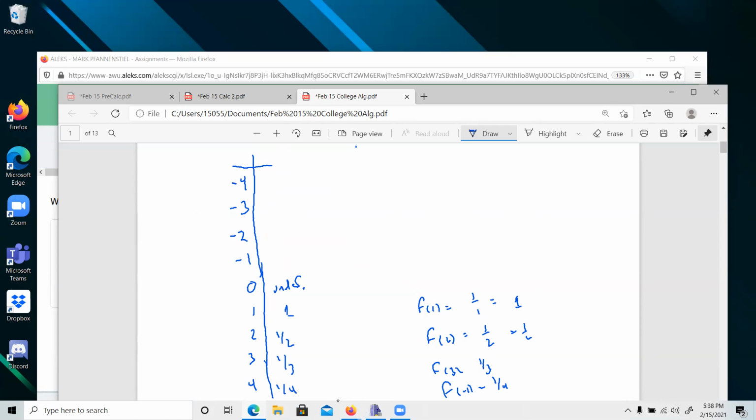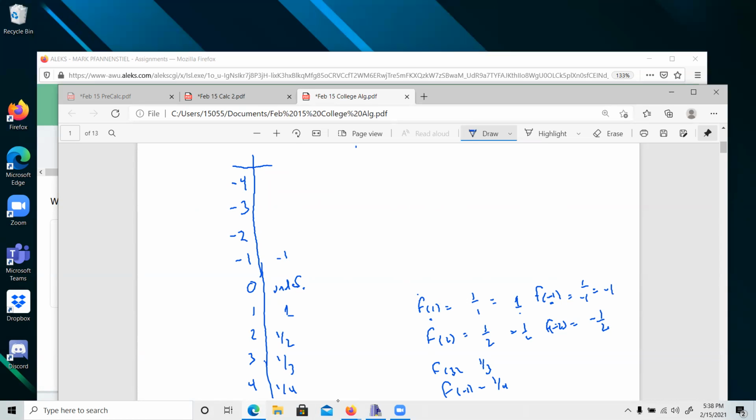But let's look at this. What I want you to look at is f of 1 is 1. f of -1 is 1 over -1, which is -1. So I want you to notice the x, 1 to -1, and then the y, 1 to -1. f of -2 is equal to -1 over 2.